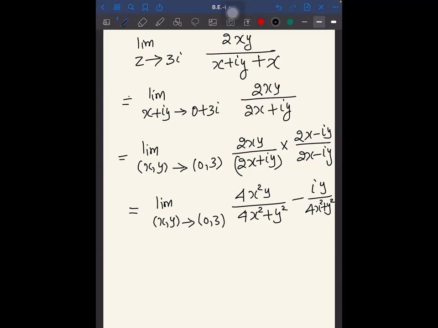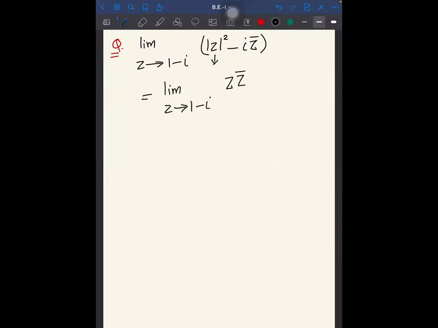Okay, so next is limit z goes to 1 minus iota, mod z square minus iota z bar. Z is 1 minus iota, so you will write it as z bar minus iota z bar.